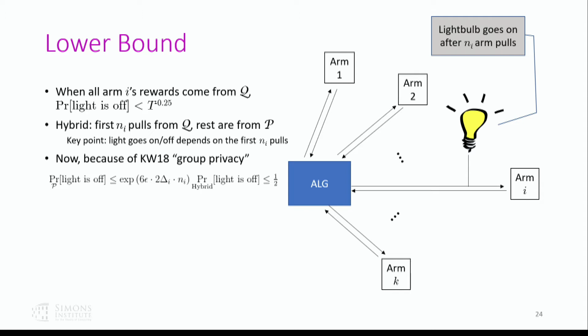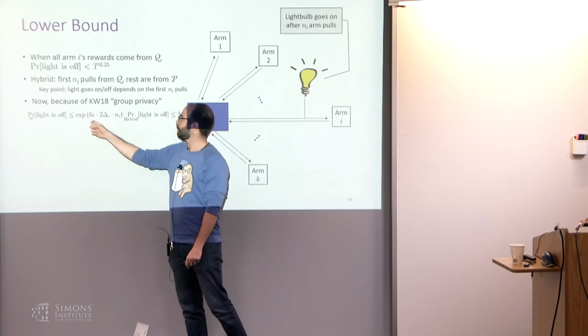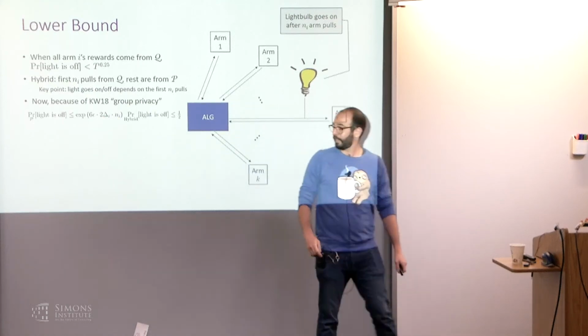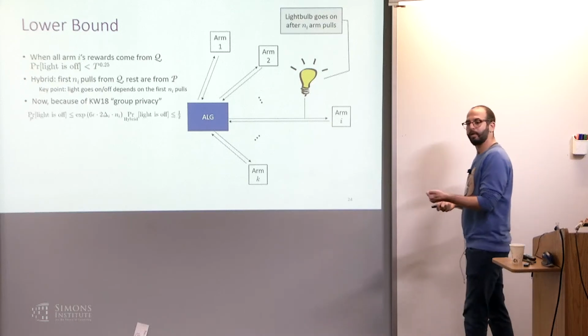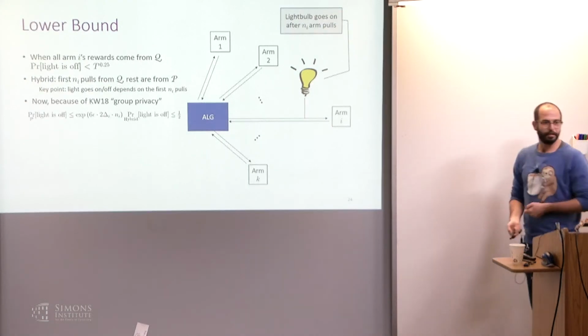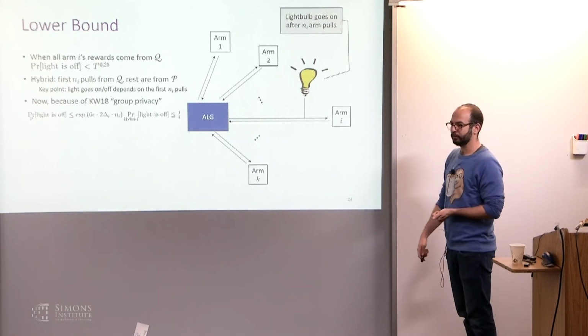Okay, and now we apply to this hybrid the Kawa-Vadan group privacy, arguing that if on the hybrid the probability is polynomially small, then epsilon times n_i times the total variation distance between P and Q makes the probability of the light going off under a distribution where everything comes from P at most half. Cannot pass the threshold of half, and then we're done.